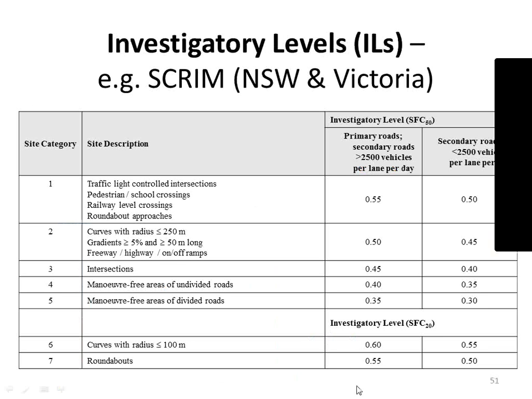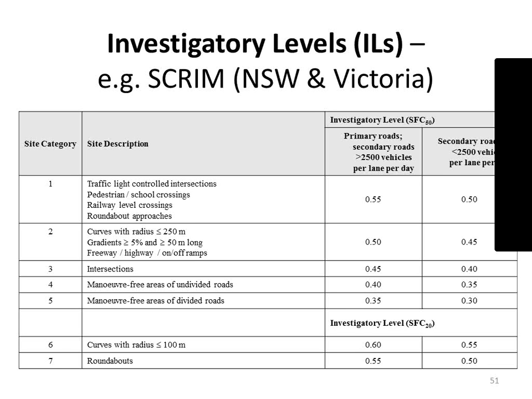Now I mentioned about a point where we might want to go out and investigate a particular site. Here you'll see the values that are used historically in New South Wales and Victoria. They test with a SCRIM machine, and the SCRIM machine is used at 50 kilometres an hour, or 20 kilometres an hour on some very tight sites down there which you need to take at a lower speed.